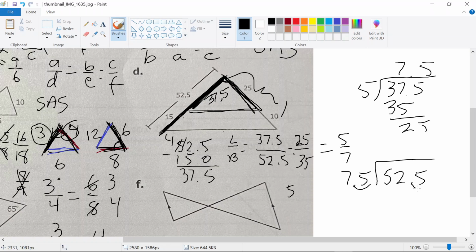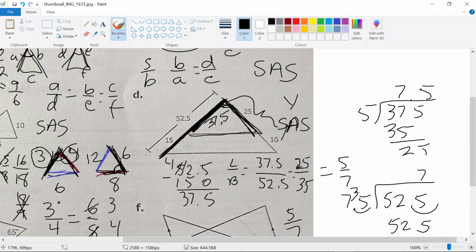I'll move that decimal, move that decimal. Let's see. 7 times 7, 49, 50, 51, 52 is 7. Yeah, so 37.5 over 52.5 is 5/7, and so is 25 over 35. So the ratio of the corresponding sides is the same, and the angle between them is the same. Yes, these are congruent, or not congruent, these are similar, and it's side angle side.